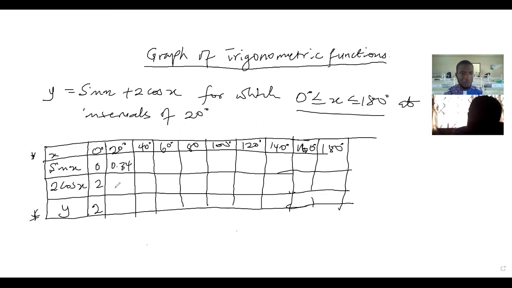Then 2 cos 20: 1.88. When you finish, you add the two of them, you get 2.22. Continue the rest for me.